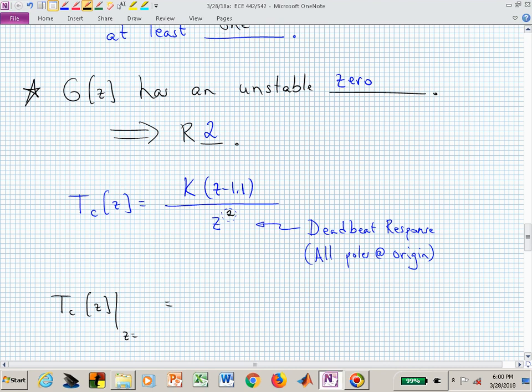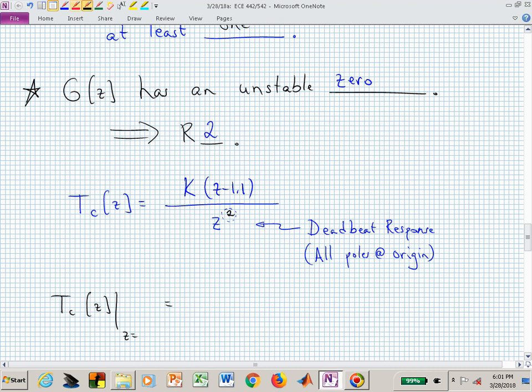If you wanted zero error due to a constant input, what would you want the DC gain to equal of your desired closed loop transfer function? If I put in a 4 as my reference input and I want my output to equal 4, what does that say about my DC gain? It needs to be 1, doesn't it?